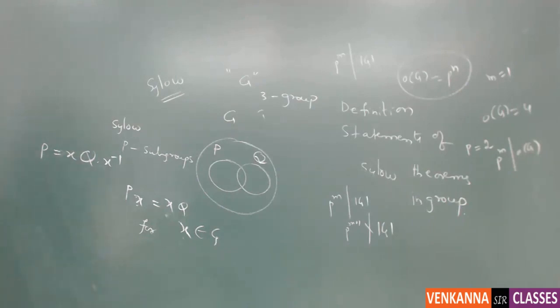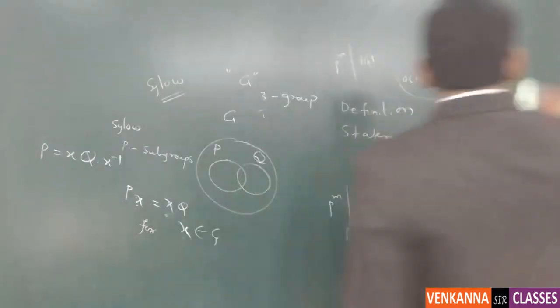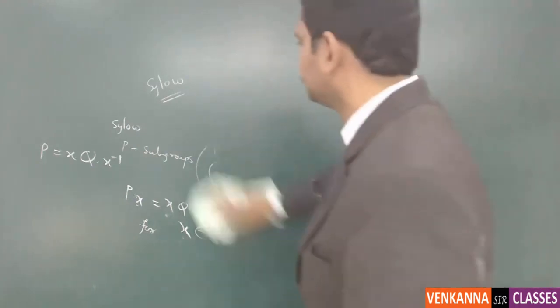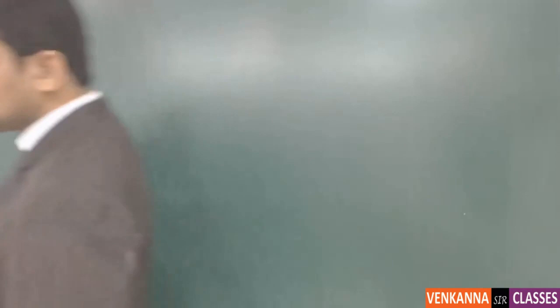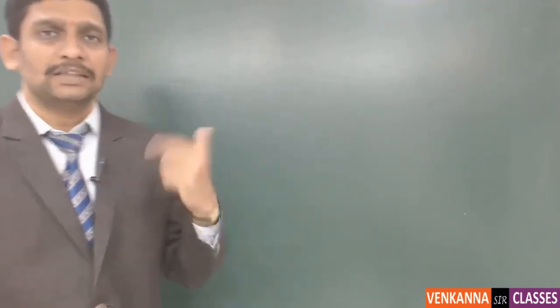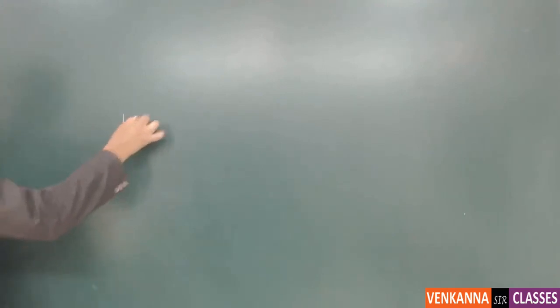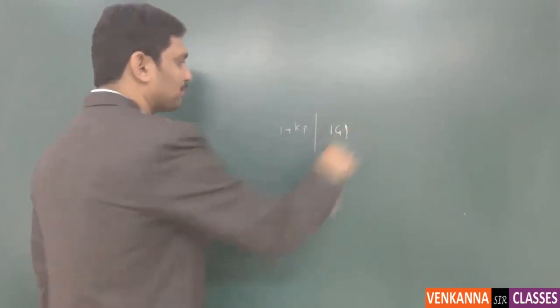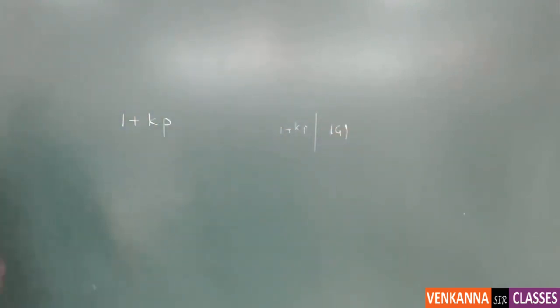The third theorem states that if you are calculating the Sylow P subgroups, how many such subgroups will exist? The number of subgroups will be of the form 1 plus Kp, where 1 plus Kp divides the group order, and K is a non-negative integer.